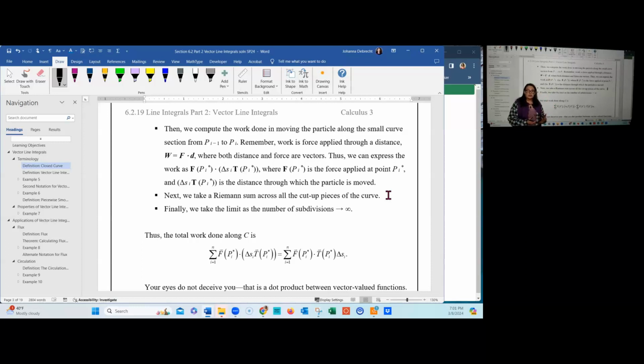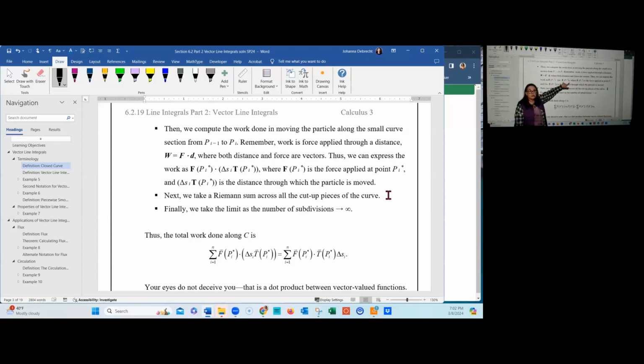So how much work is done on a very small cut of that curve? We can assume that the force is roughly constant on a very tiny section if we evaluate it at P sub I star. So the force given by the vector field at P sub I star gives us that measure.